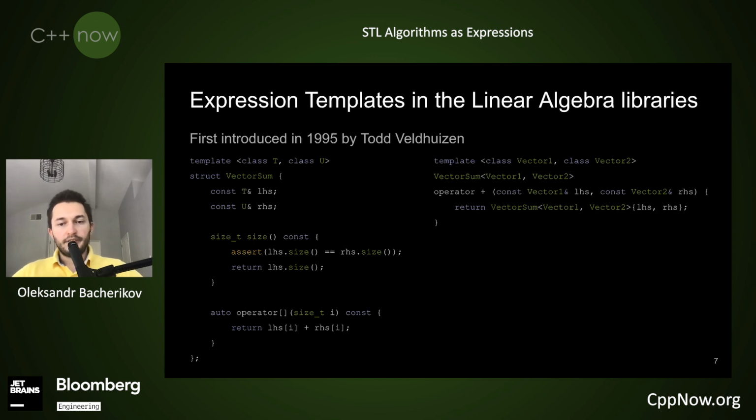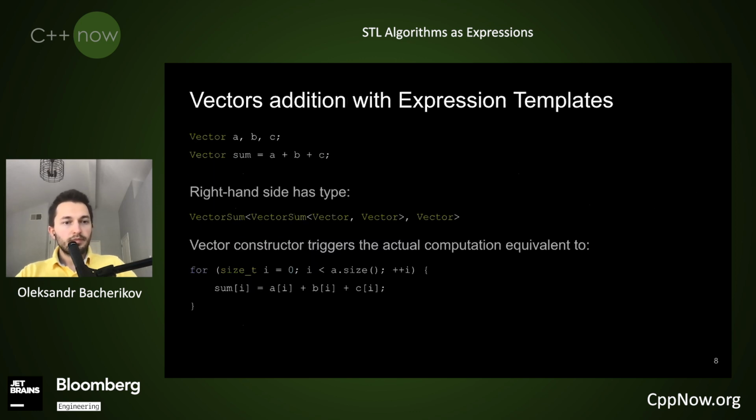And on the right, we now modify our plus operator. And instead of returning a vector, it returns this vector sum expression class object, which again just stores the arguments. Now, if we get back to our example, we see that the right-hand side now has not a vector type, but this a bit complicated expression type.